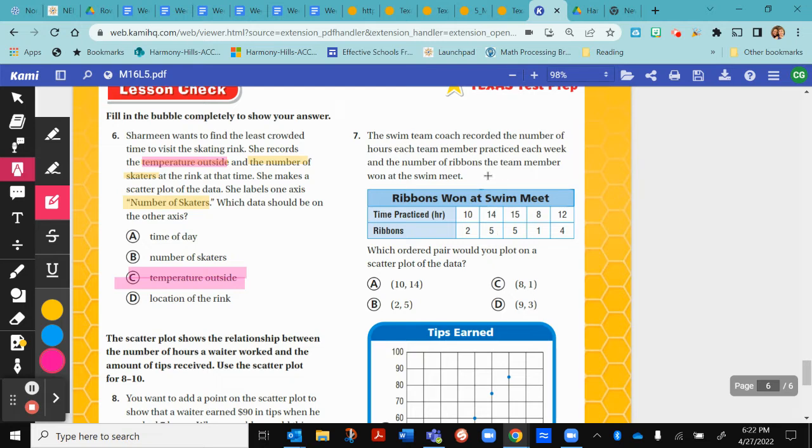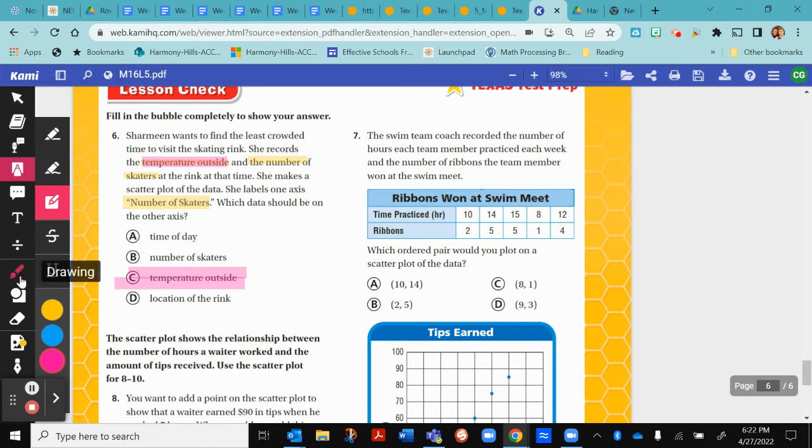So this is the number of ribbons the team members won at the swim meet. A team member who practiced for 15 hours won 5 ribbons. A team member who practiced 8 hours won 1 ribbon. A team member who practiced 12 hours won 4 ribbons. Which ordered pair would you plot on a scatter plot of the data?